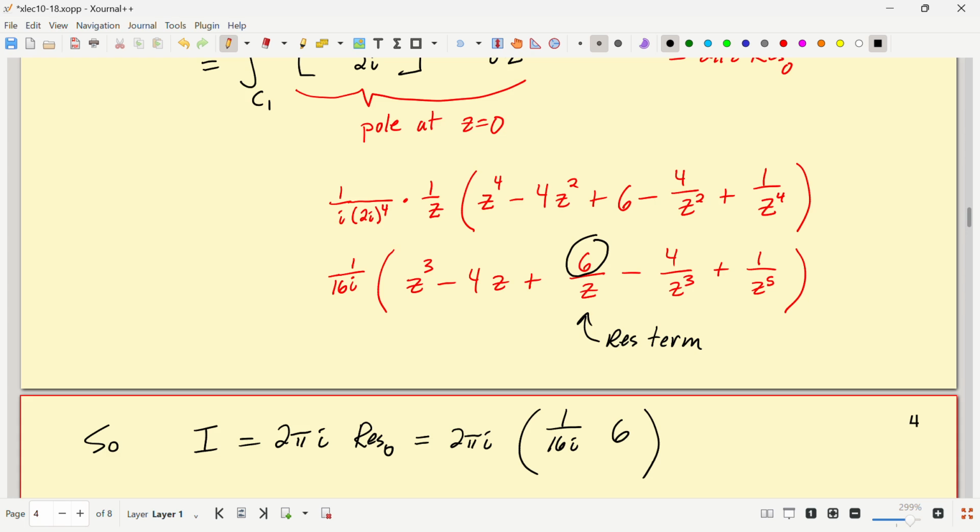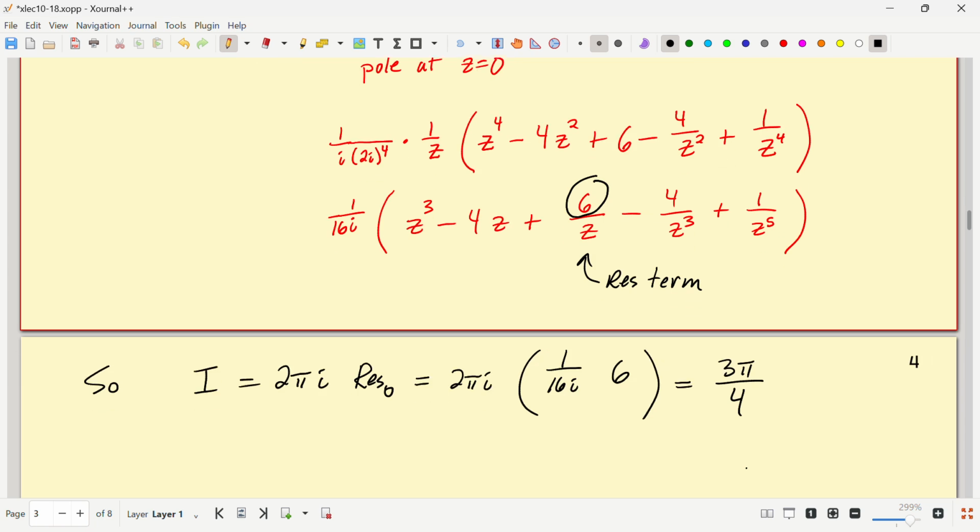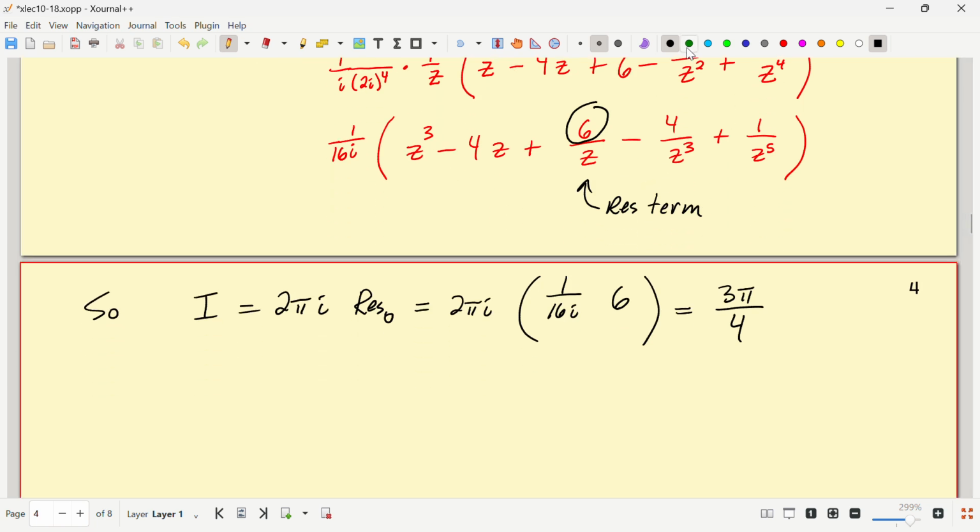The i's cancel. They better, because this is a real integral, and it's 3 pi over 4. Okay. That's a fun example. And in fact, you can turn this into a method. So here's the method. Questions about that?